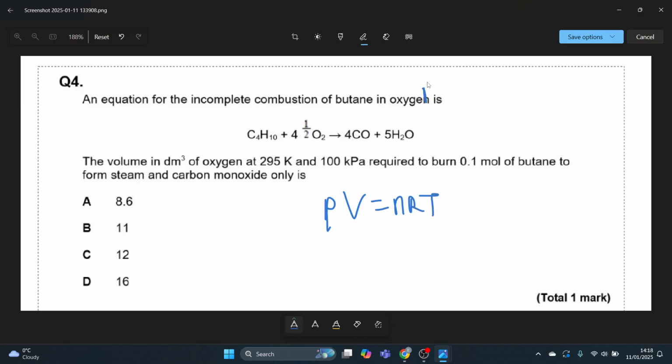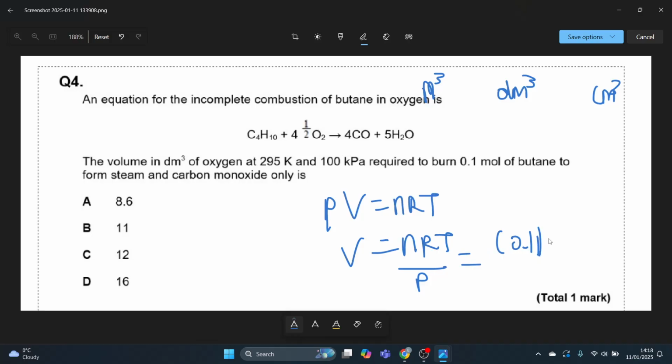nRT, find out the volume. Volume of oxygen.